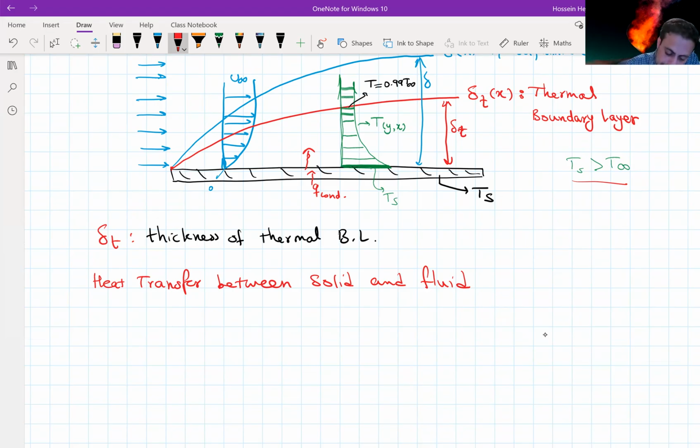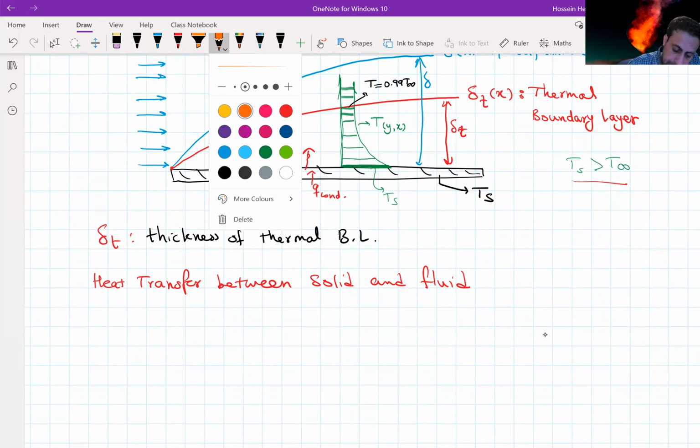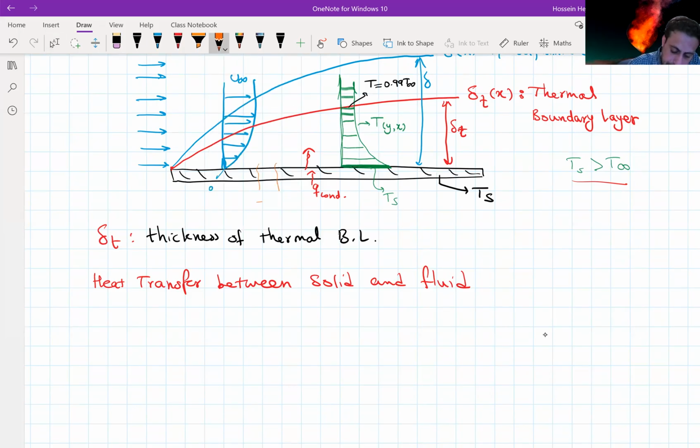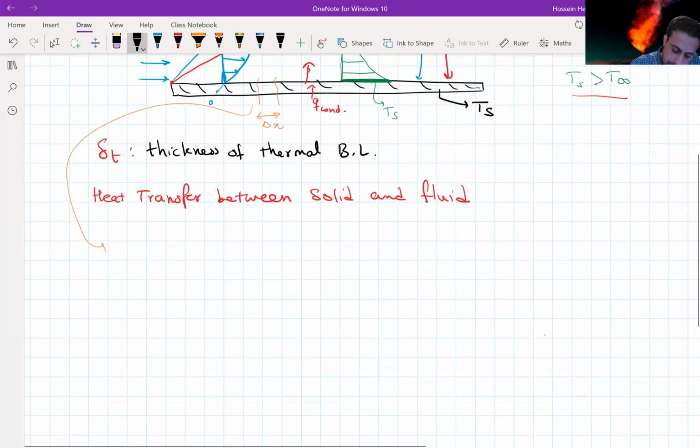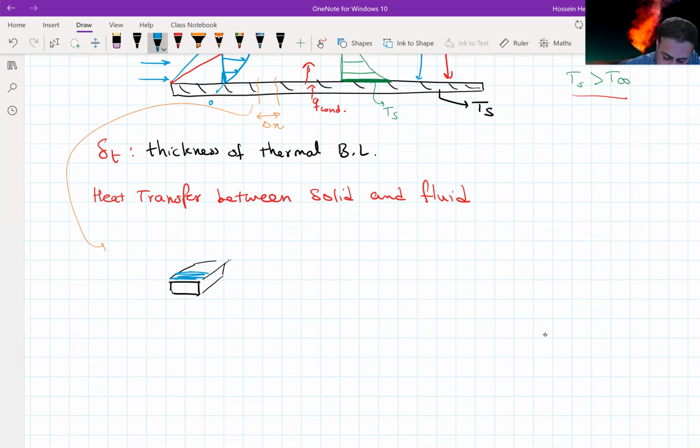Now, close to the surface, at the surface wall, or very close in the vicinity of the surface wall, we have zero velocity. So if I take an element here, let's say a small element like delta x, and look at this small element very close to the surface, the velocity is zero here.